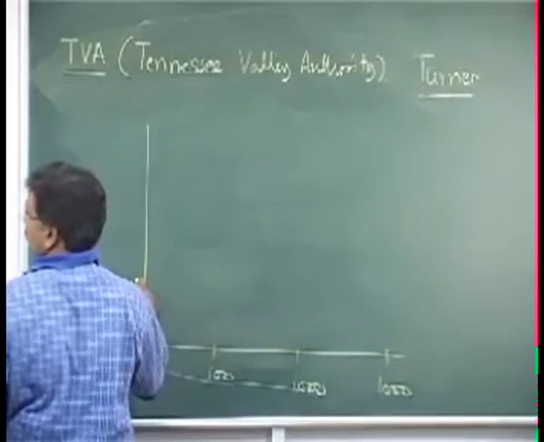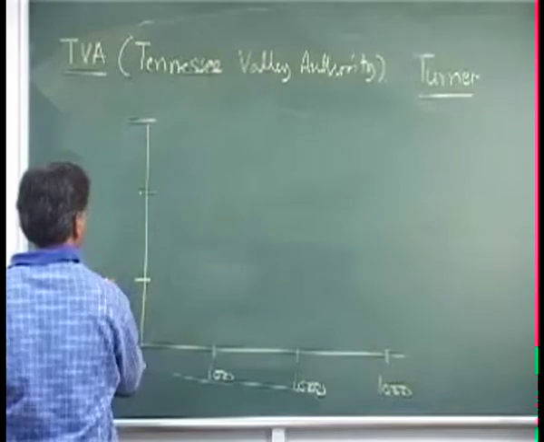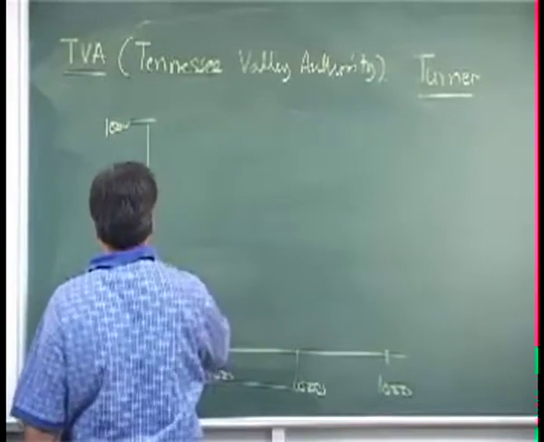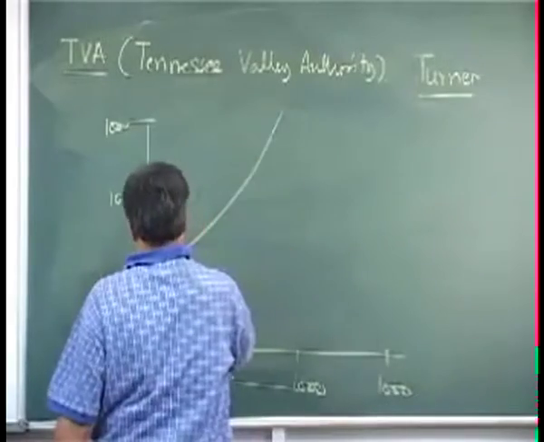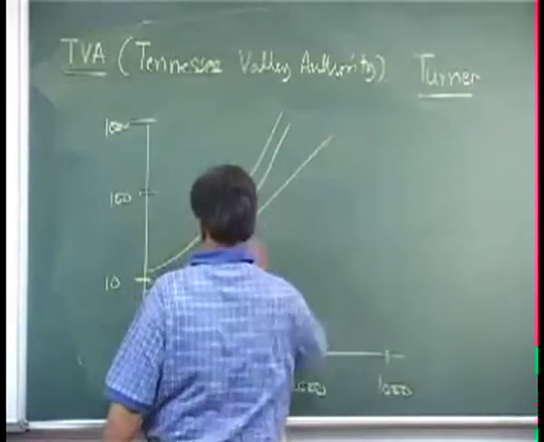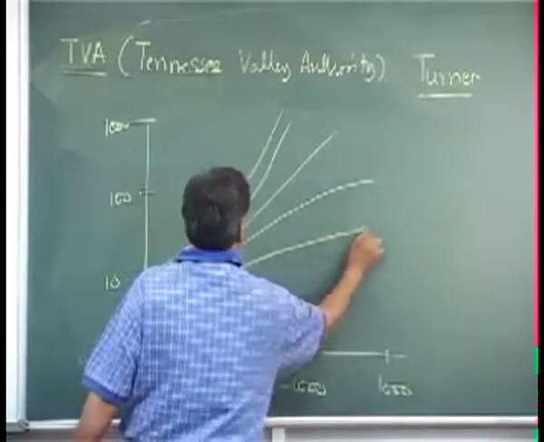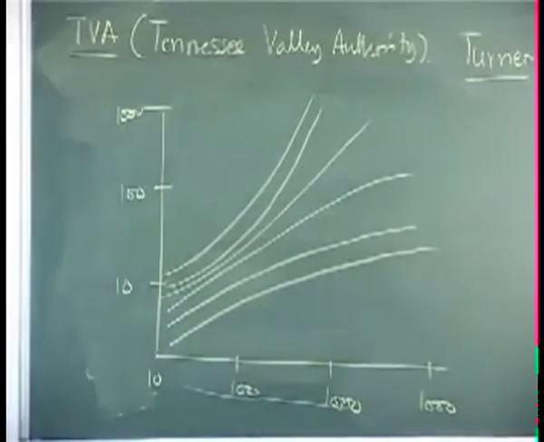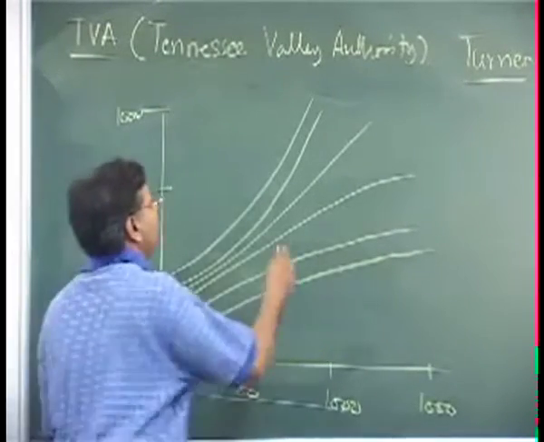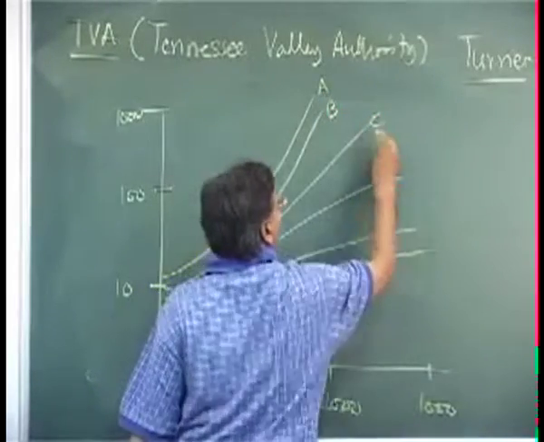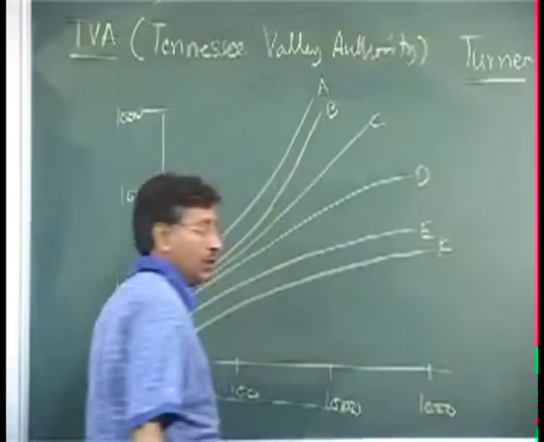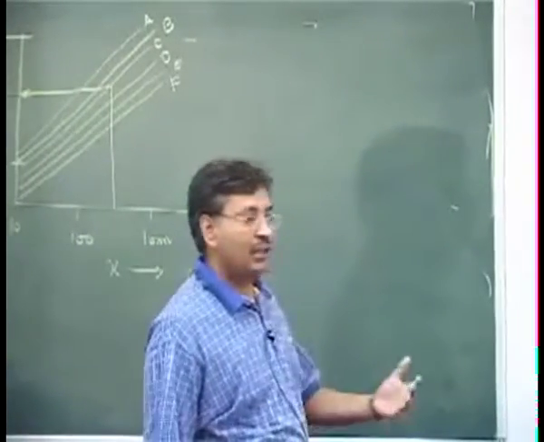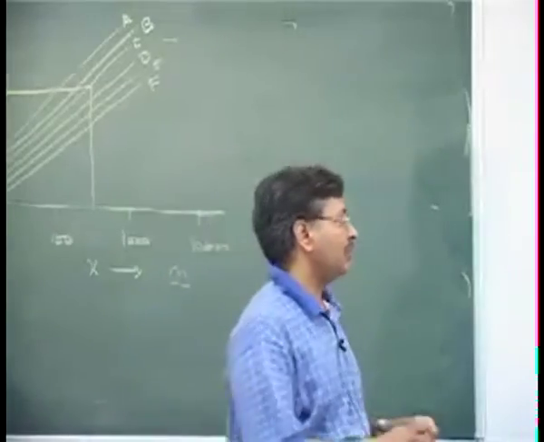So for sigma y the lines are straight, but here they got curved lines, and these are your stabilities A, B, C, D, E and F. The same thing, at whatever distance you are, you can find out what sigma z will be.